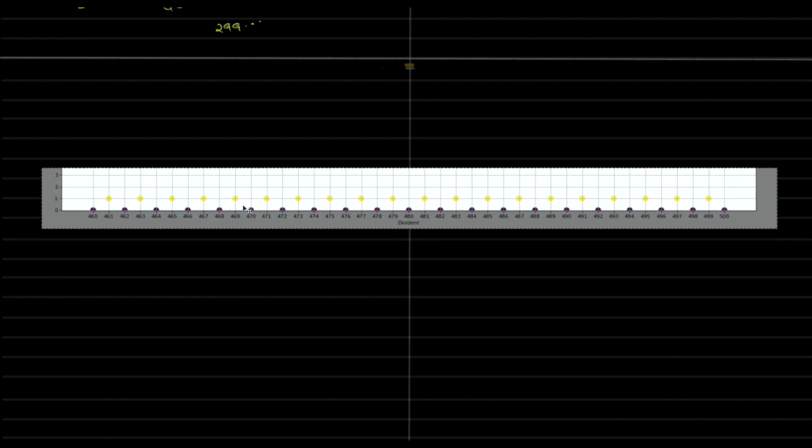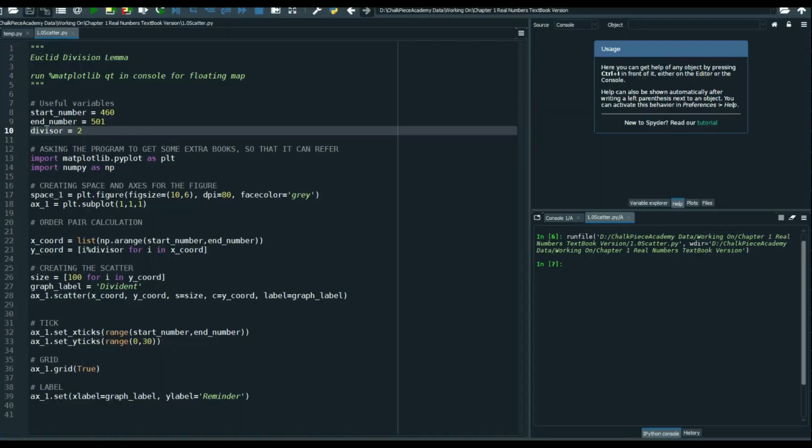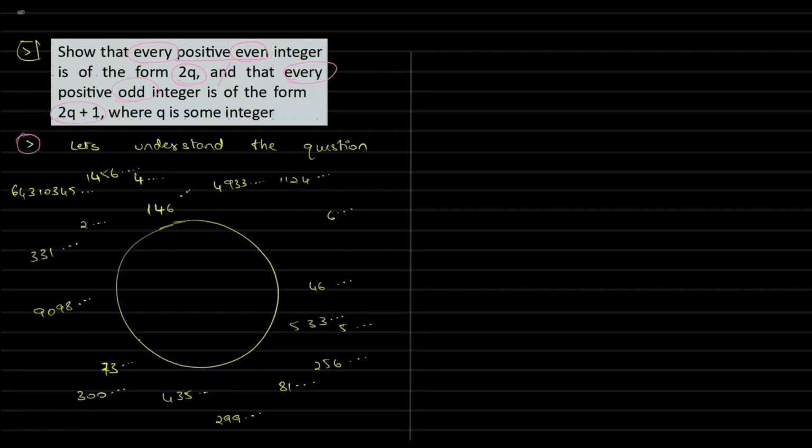So let's observe what we are seeing when we divide numbers by 2. Before that, why did I divide by 2? Why was the divisor 2? I took it to be 2, but why? The reason is simple. The question talks about every positive even integer being of the form 2q and odd integers of the form 2q plus 1.